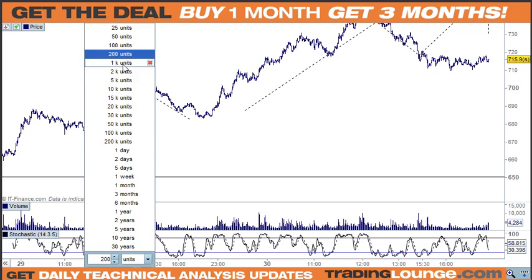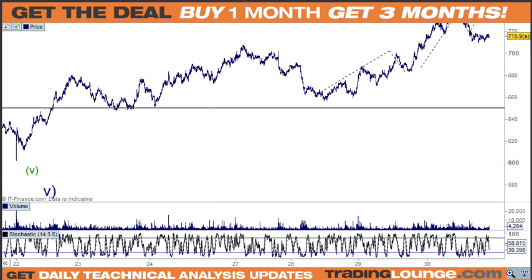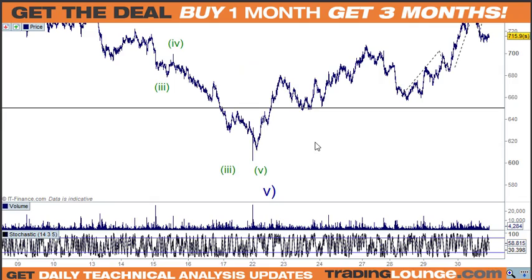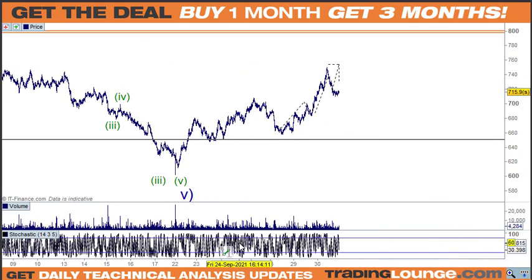Okay, so I haven't started counting it as such, but we can count from the low here as an impulse wave to the upside and a correction. We could look at this as 1, 2, 3, 4, 5 here, probably count that a little bit differently.